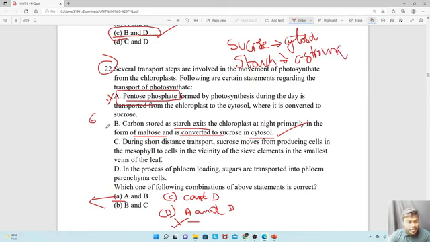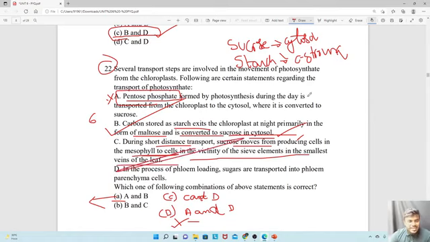We all know that option B is right. Option C, during the short distance transport, sucrose moves from producing cells, nothing but mesophyll cells, in the vicinity of the sieve elements in the smallest veins of the leaf. This statement is absolutely true.